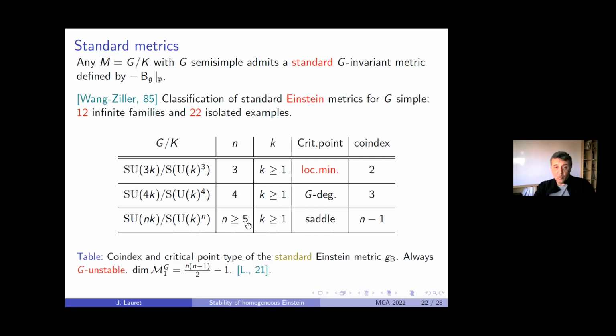We were able to compute the smallest eigenvalue of LP and to get this information about what kind of critical point this standard Einstein metric is for these homogeneous spaces. The thing was that these structural constants, IJK, were very uniform in this case.